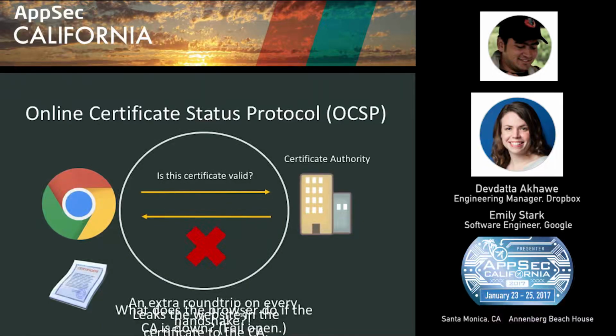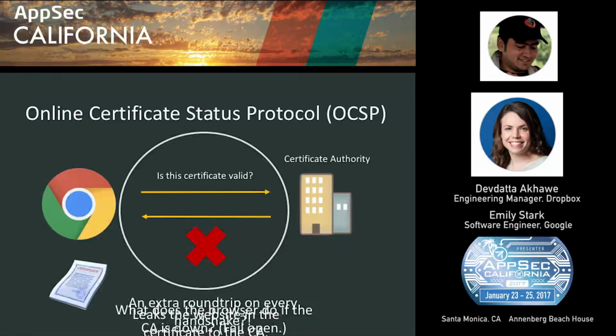I imagine in your mind you're thinking there are so many things wrong with this, and there are. One of them is you've now introduced a round trip on every handshake. Because before the HTTP request is sent, during connection setup, we have to go ask the CA, is this certificate okay? Interestingly, this is actually not as expensive as it used to be.